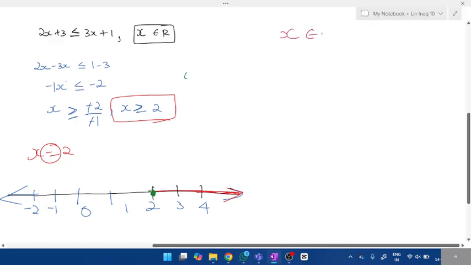x belongs to whole number. x belongs to integer. x belongs to natural number. Whole number, integer, natural number.